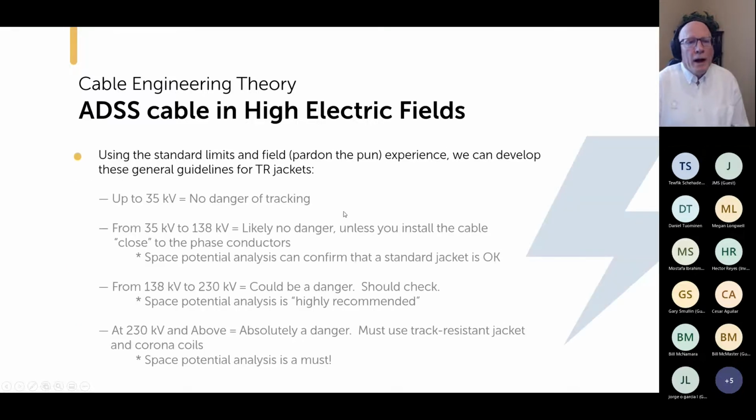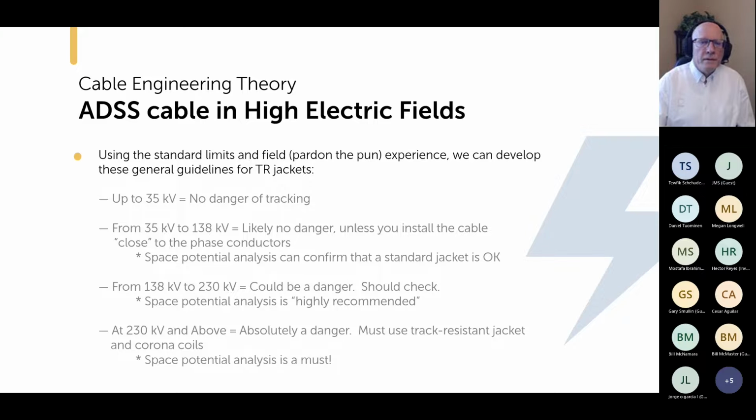So first, I can go ahead and give you some general guidelines. In theory, you might say you should do space potential analysis for every single application of ADSS, but then the real world hits you. That would be a lot of unnecessary work because up to about 35 kV, the danger of tracking is about zero.